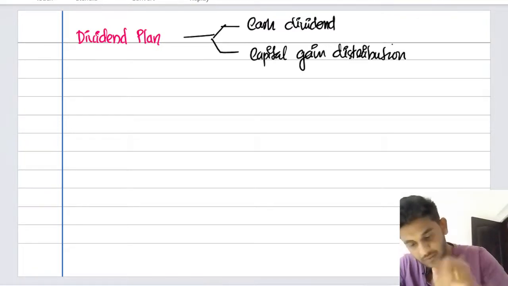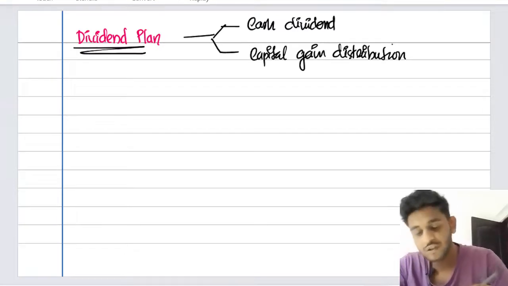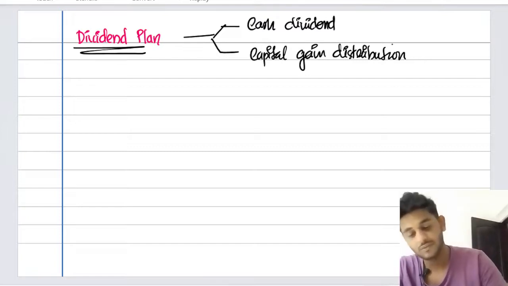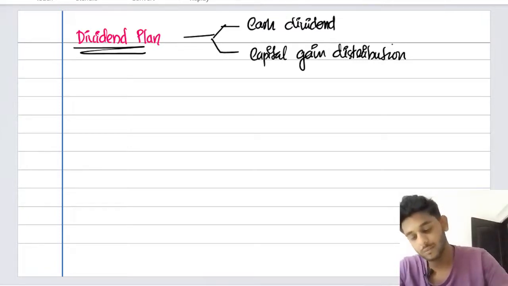Okay, so the most common question which is asked under the dividend plan is to calculate the return to the investor. So we have a formula for this one. So kindly note it down.